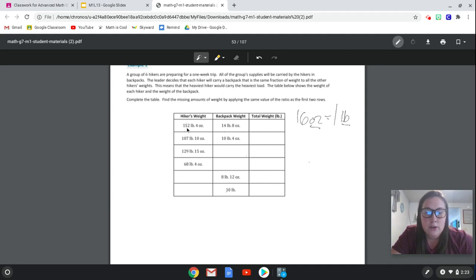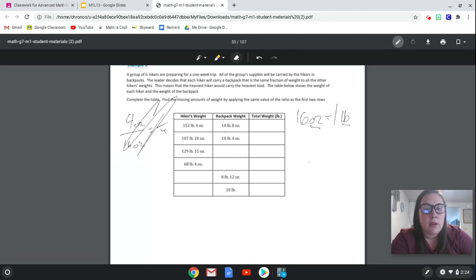If we did 152 pounds and 4 ounces, we're going to have to go 4 ounces over 16 ounces, and that will reduce down to 1/4. So that'd be 152 1/4 pounds. I'm going to go ahead and pause the video and do all of those conversions really quick, and then we'll pick right back up.